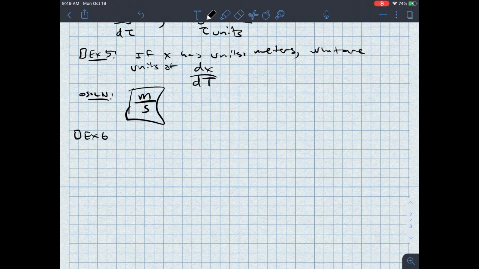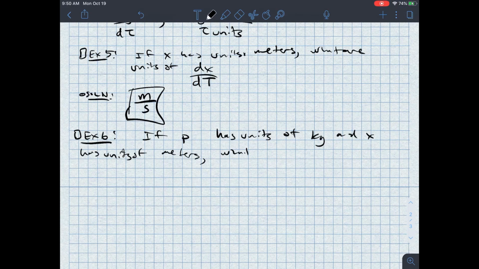Similarly, let's say example number 6. If P has units of kilograms and x has units of meters, what are the units of the integral of P dx?